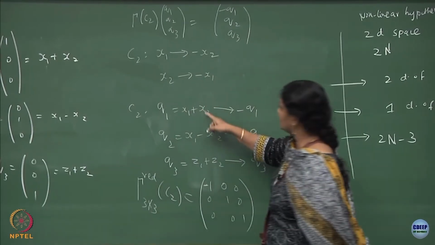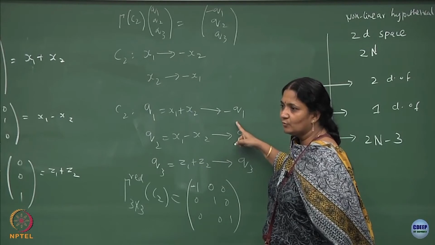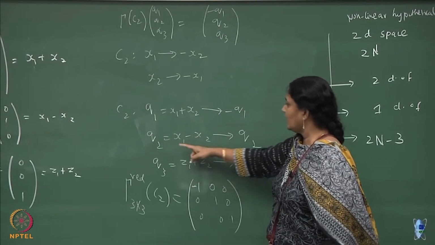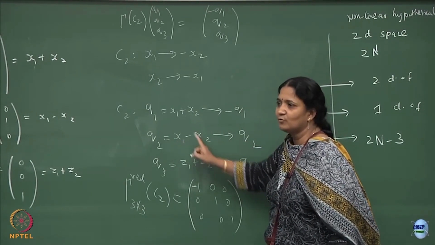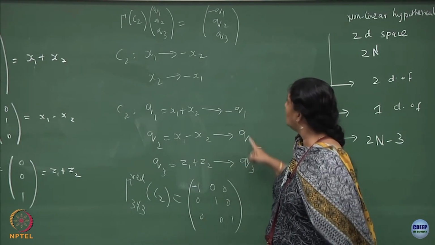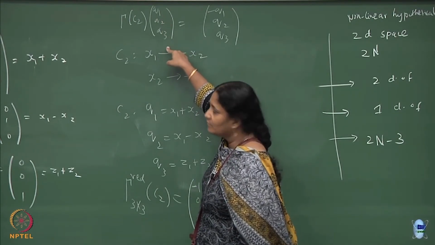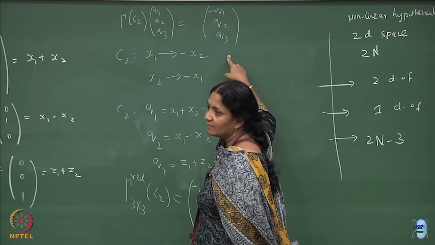This is the meaning of this. Q1 goes to minus Q1, x1 goes to minus x2, x2 goes to minus x1. So, x1 minus x2 remains same. So, I need a matrix which when it acts on Q1, Q2, Q3 should give me this.